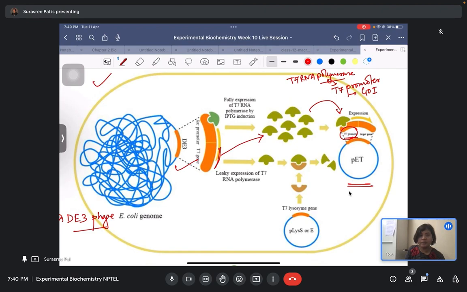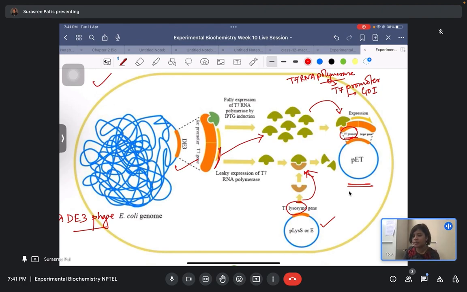But this can only be done when there is an inducer added in the medium, right? So how is the leaky expression controlled? Now there is another plasmid which is pLysS. This pLysS plasmid carries the T7 lysozyme gene. This lysozyme can degrade the T7 RNA polymerase when it is present in small amounts.